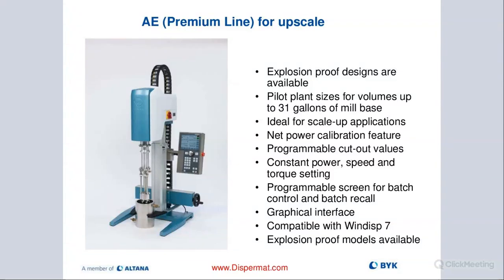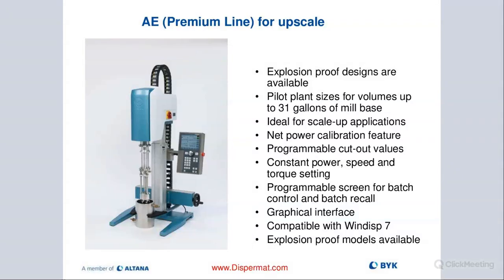And then we have, of course, the AE. Right here you can already see it with that facelift that was introduced last year. Here we're showing you the AE with the basket mill attachment on it, not a Cowles blade, just to give you an idea what that would look like. It's got a C controller, so that gives you options on storing data.